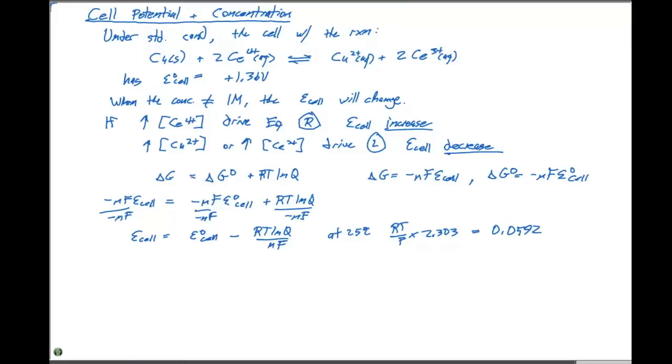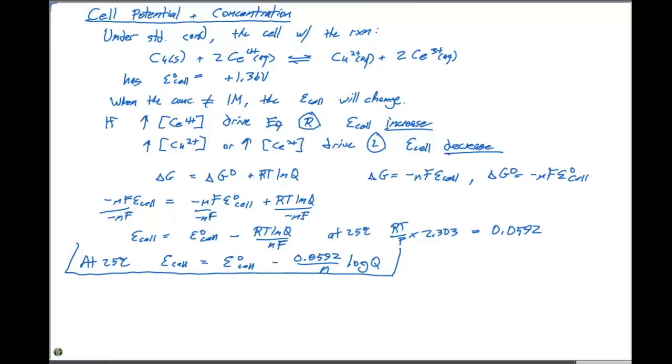So the equation that you typically see is that at 25 degrees Celsius, this is rearranged to say that the cell potential is going to equal the standard cell potential minus 0.0592 divided by n, where n is the number of electrons that are transferred, times the log of Q. This particular equation right here is very, very important, and it's called the Nernst equation.